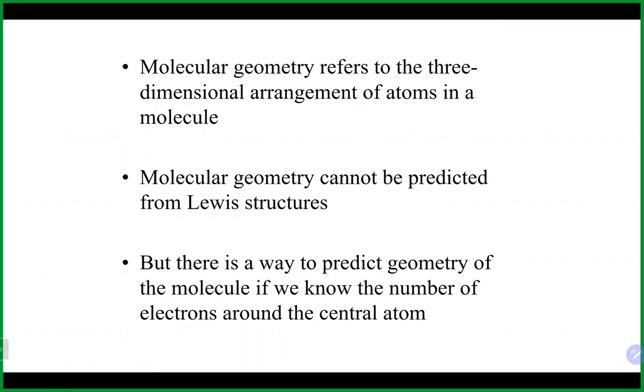Probably the easiest way to do that is to look at two things: how many electron pairs there are and how many bonds. By knowing from your Lewis structure how many electron pairs there are around that central atom and how many bonds there are, you will be able to identify the geometry that should go with that molecule, just based on those two pieces of information.